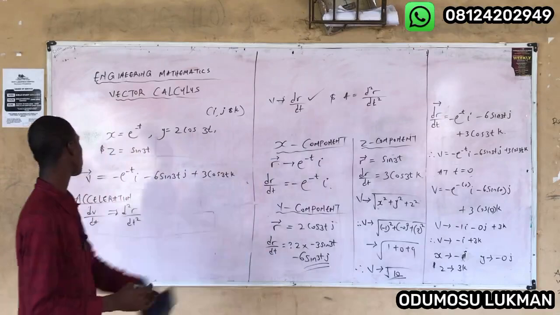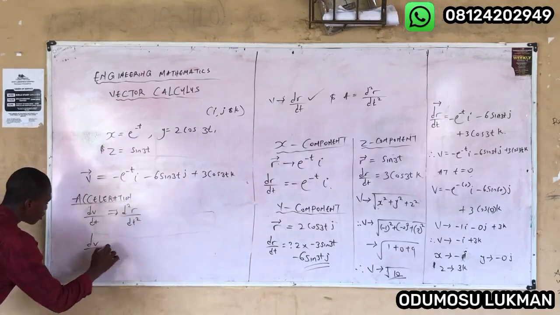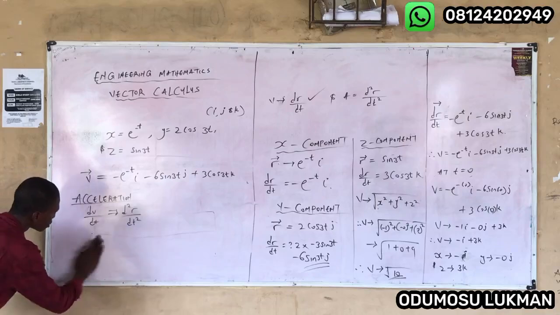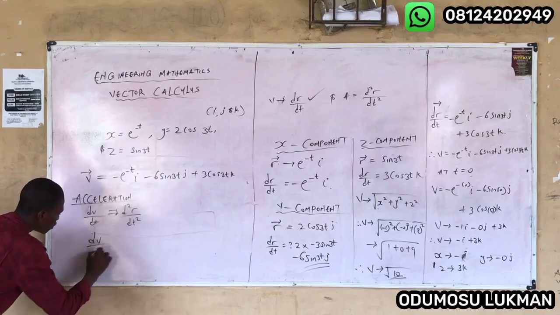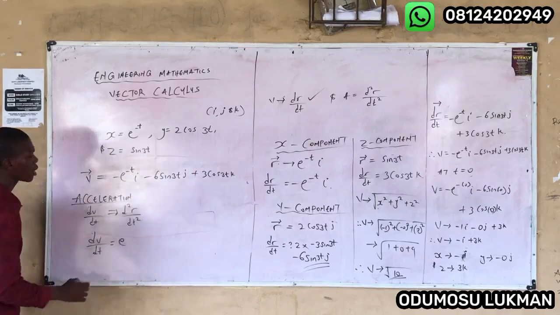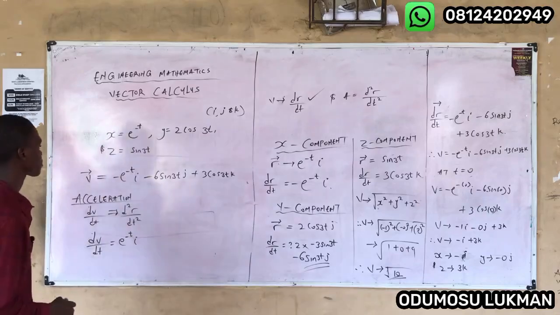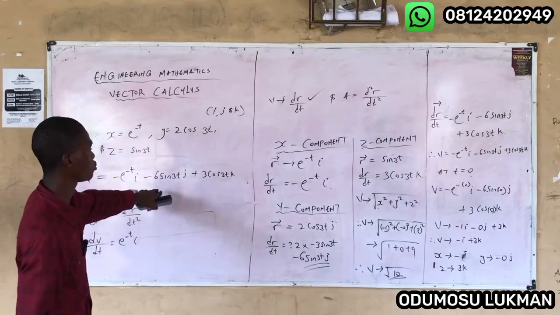Now let's get this done. It means that dv over dt is equal to exponential minus t i. You are applying the same product rule through here.